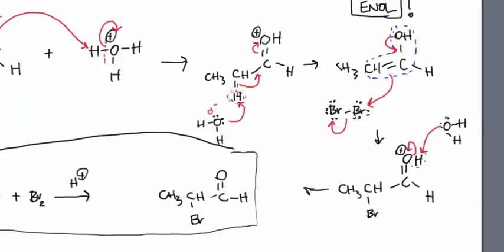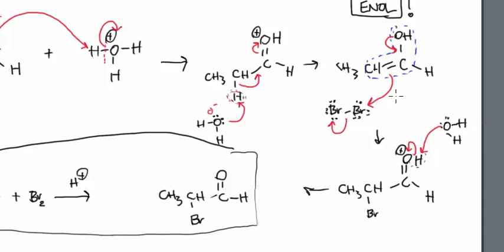Well, this will rearrange to kind of take care of that positive oxygen. So water will pull the alpha hydrogen off, a double bond forms between the two carbons, and the electrons get shoved up. This makes an enol. The enol is not stable.